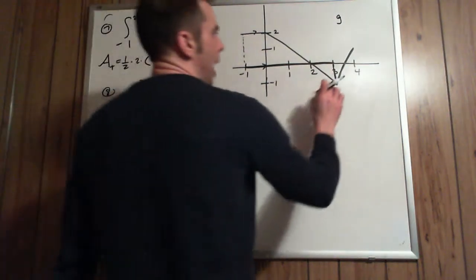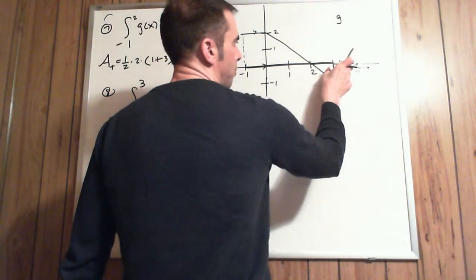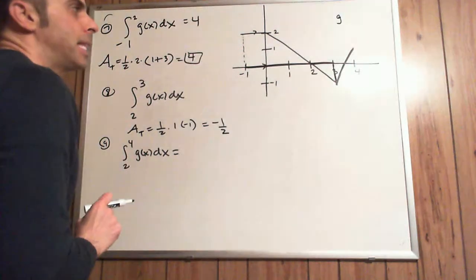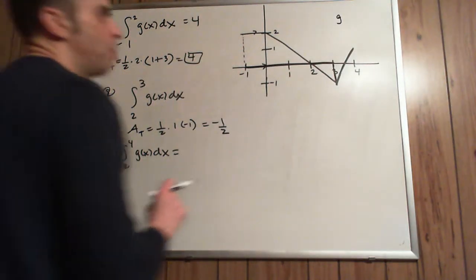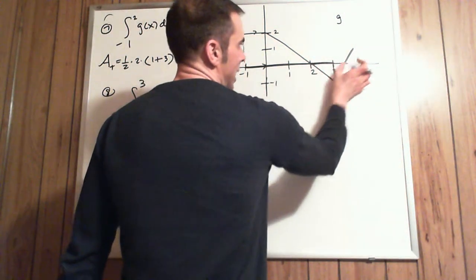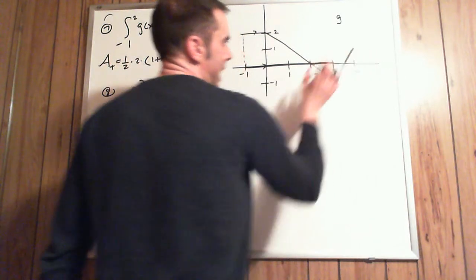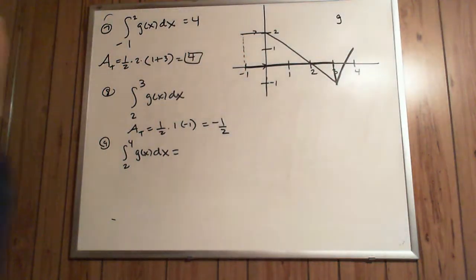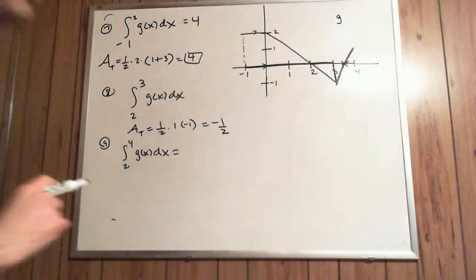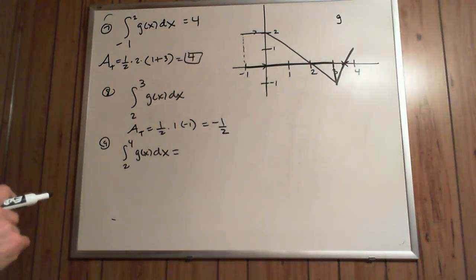Anytime you have a graph that's part of it's below and a part of it is above, you have to find the area of each part. That is the area underneath, and then you have to find the area above and add them. So anytime the graph passes over the x-axis, you have to split up the definite integral there.